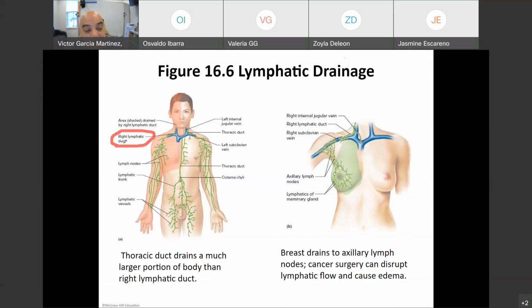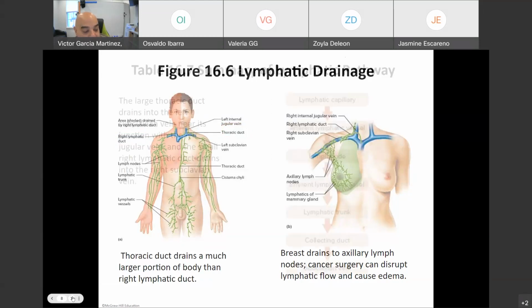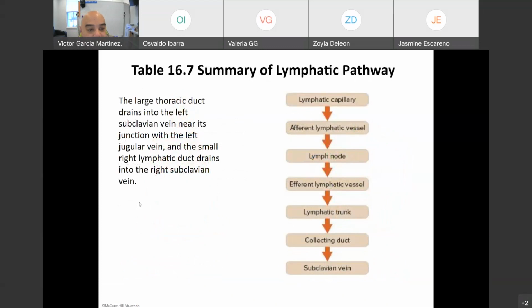This is important, guys, because the thoracic duct is draining on your left subclavian vein, and the right lymphatic duct is draining on your right subclavian vein. And both subclavian veins are draining on the superior vena cava. Again, this is important to know. You're going to have for sure a question about that in your lecture exam and your practical exam.